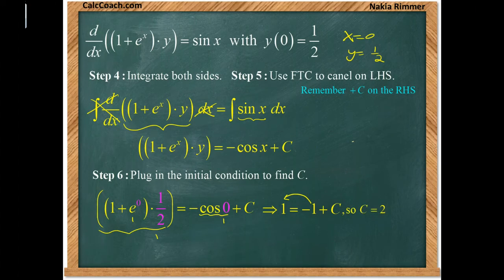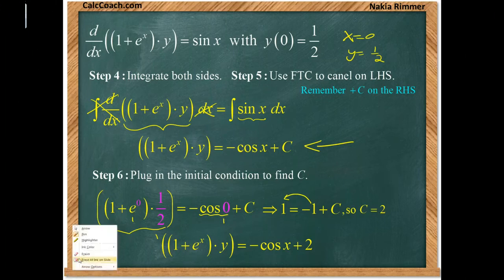Immediately go back to your current form of your solution and plug in the 2. What you end up with then will be (1 plus e to the x) times y equal to negative cosine x plus 2. Okay, great.